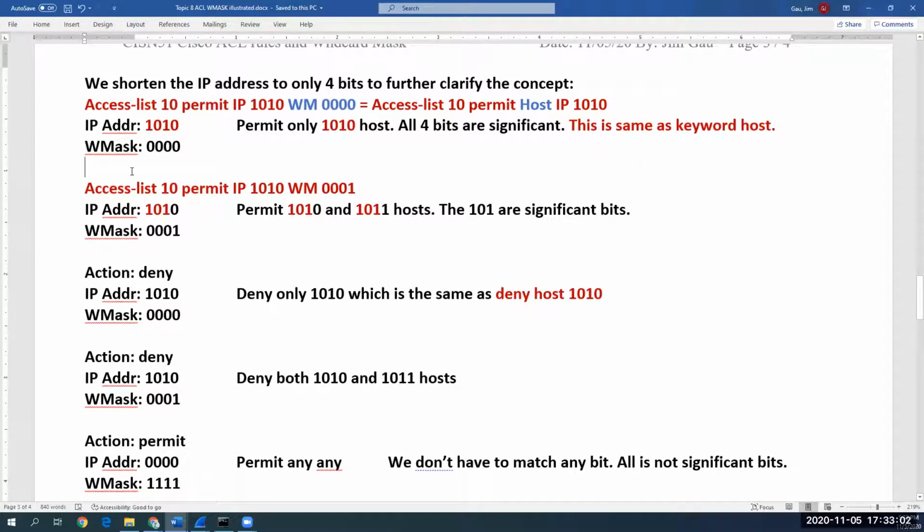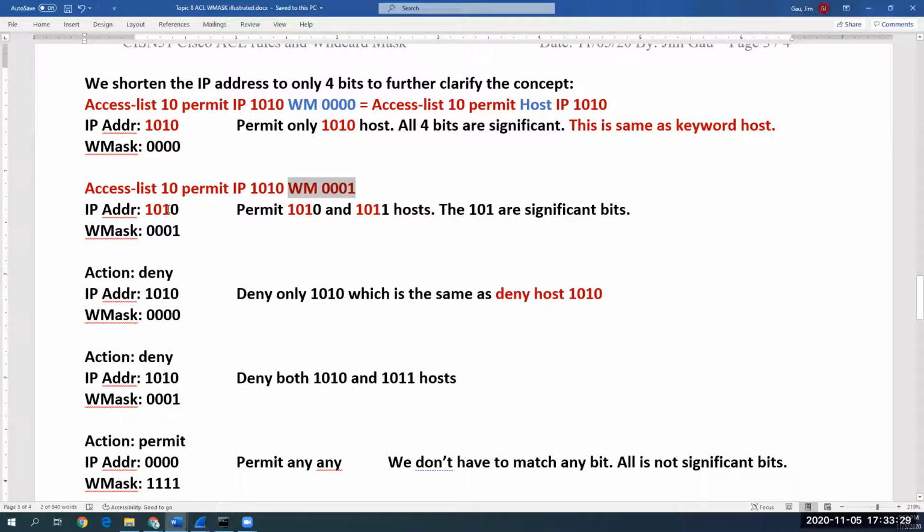Now we are going to change it a little bit. We change the WM from the 4 zeros to 0001. And we maintain the same IP in the rule. According to the rule, if it's 0 in the WM, then I can put anything. So 101 is okay. That's significant.